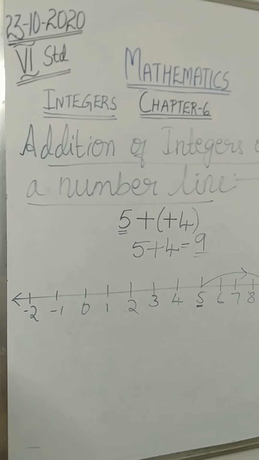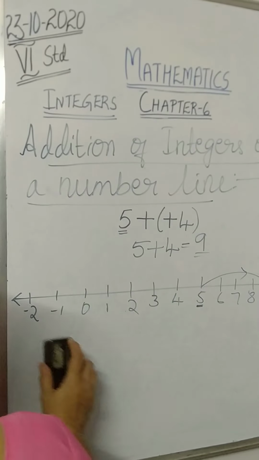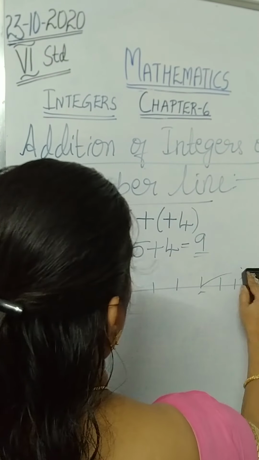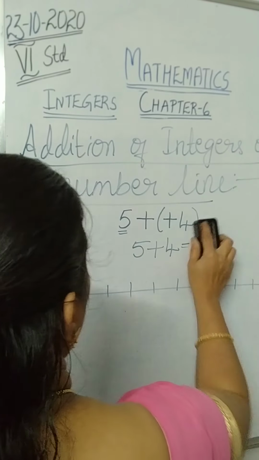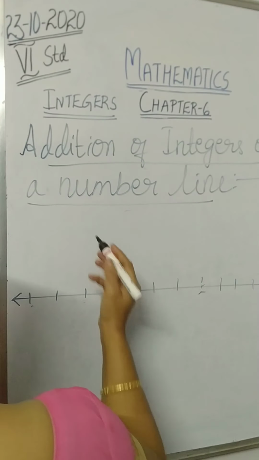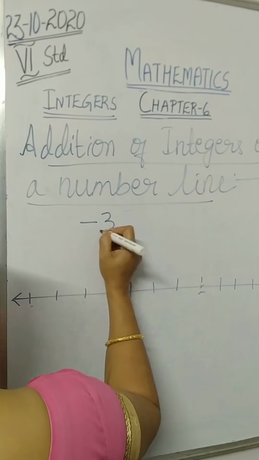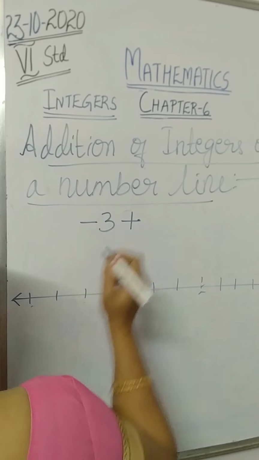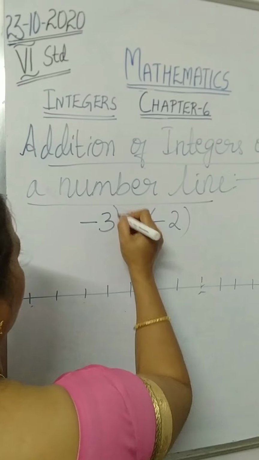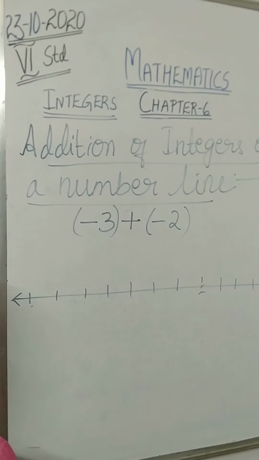Yes, I will show you some with negative numbers. Okay, negative integers we will see. One more example I will show you. Negative integers. That is minus 3 is added to minus 2. How much do you get when minus 3 is added to minus 2?